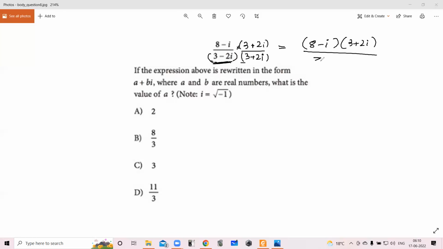So A is 3, squared, minus B, which is 2i, squared. Correct. Now, can you simplify the numerator?